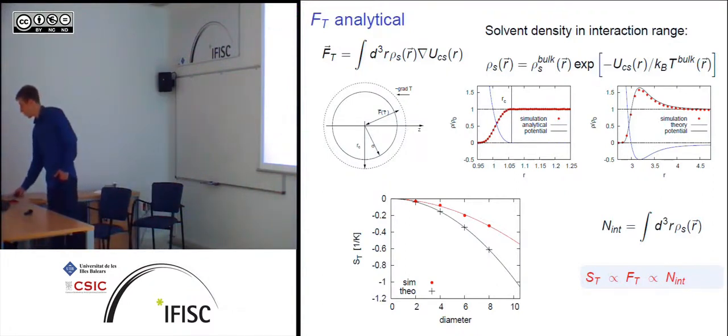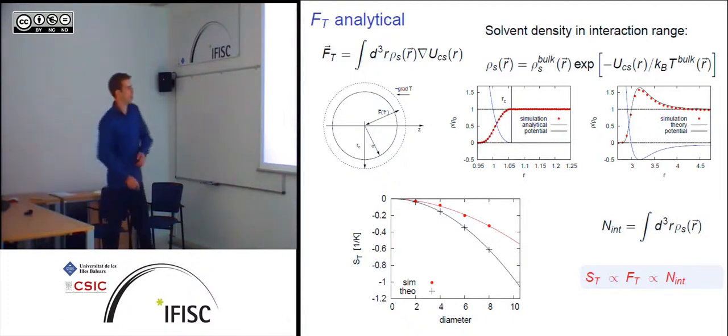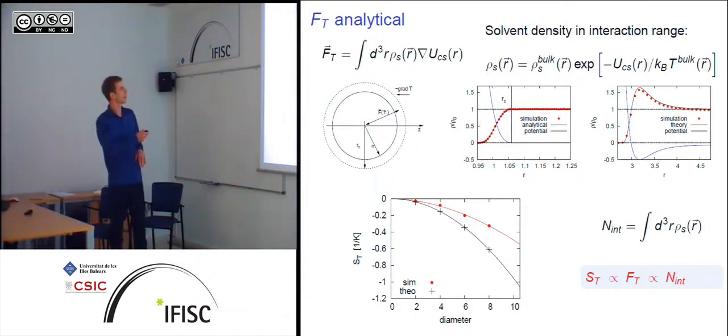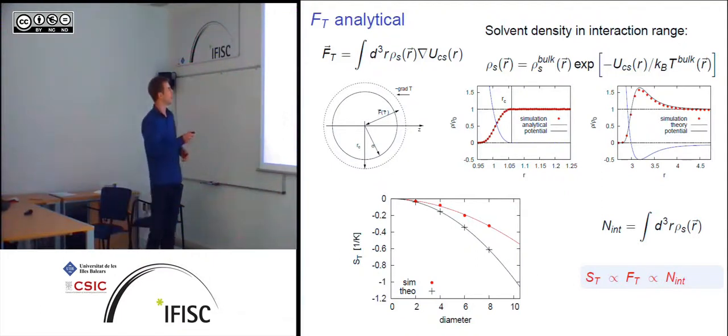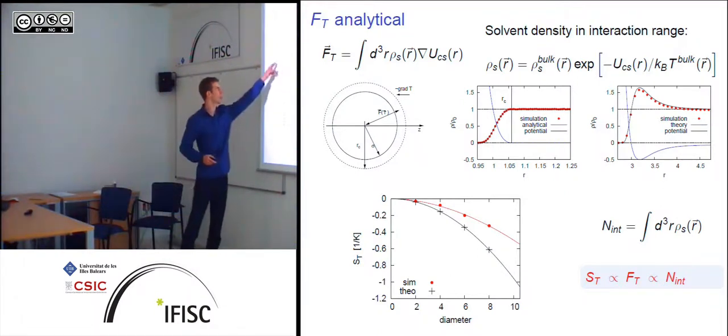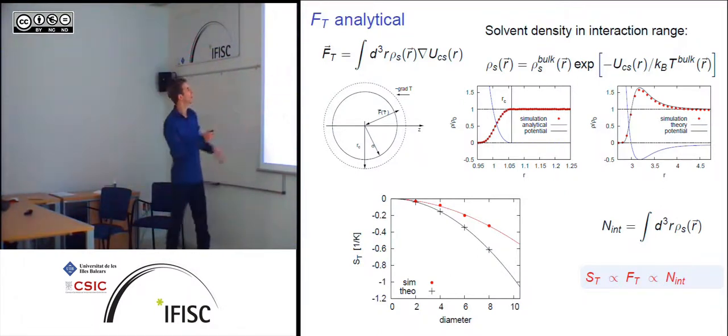So the thing is, to explain this difference between the different potentials, we calculated the thermophoretic force analytically, and this can be done by just integrating over the interaction volume, and integrating all the force contributions of the individual molecules.